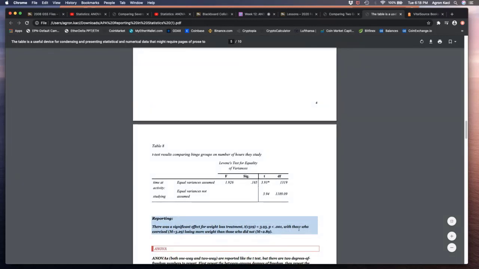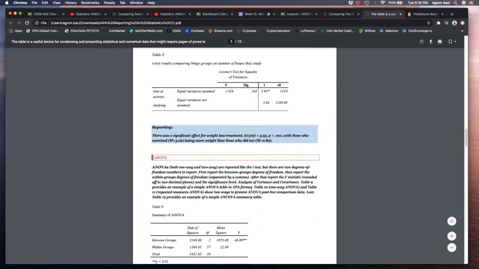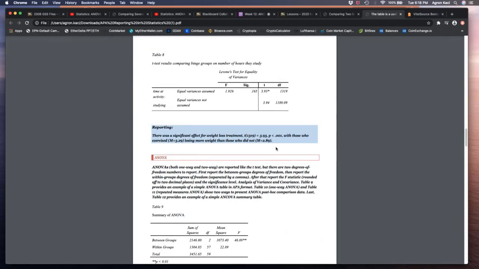And so in this case, that's how you write it down. I could simplify this, and I said I would, and it makes sense. But that's how you do the reporting.